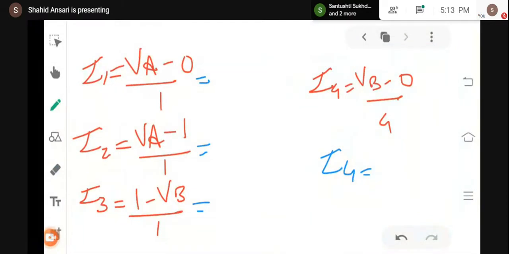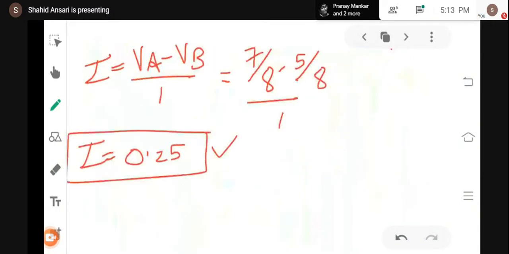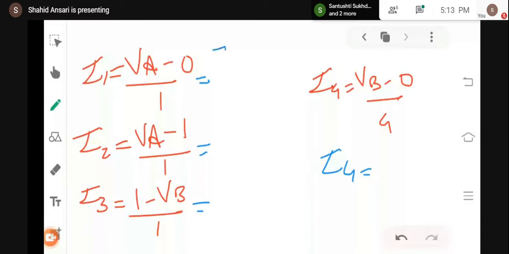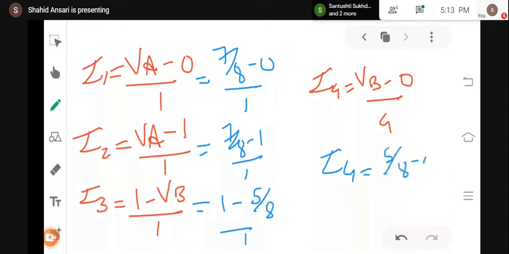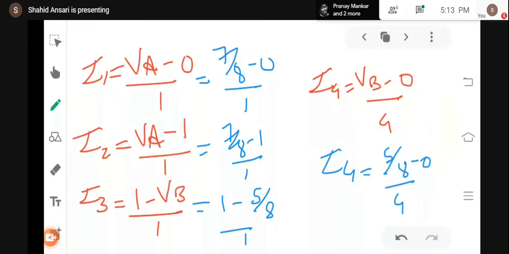What is the value of I1? We have the value of VA. VA is 7 by 8 and VB is 5 by 8. So I1 is 7 by 8 minus 0 divided by 1, and I2 is 7 by 8 minus 1 divided by 1. This is your 5 by 8. Try to find the values of I1, I2, I3, and I4.